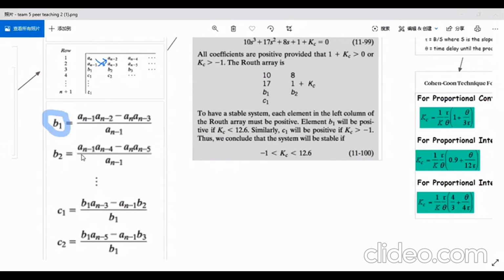The B2 is also decided by using an minus 1 multiplied by an minus 4 minus an multiplied by an minus 5 over an minus 1. C1 and C2 will be the same as well.